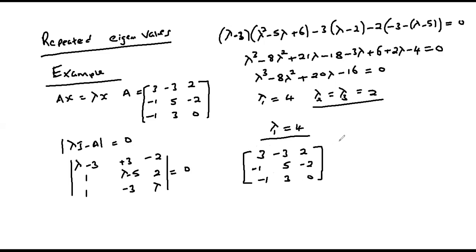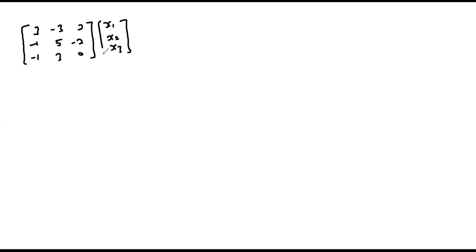That's our matrix A, multiplied by x, which is x1, x2, x3, will be equal to 4 into x1, x2, x3. We can proceed and write it out.